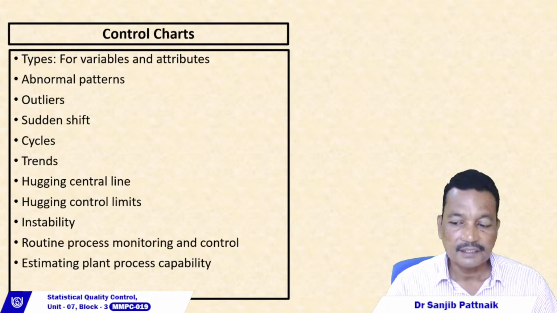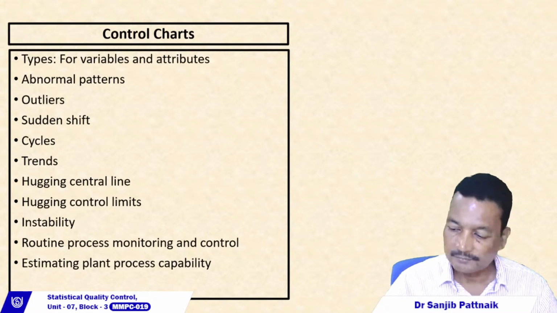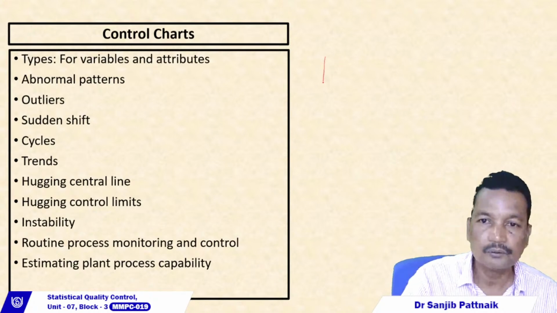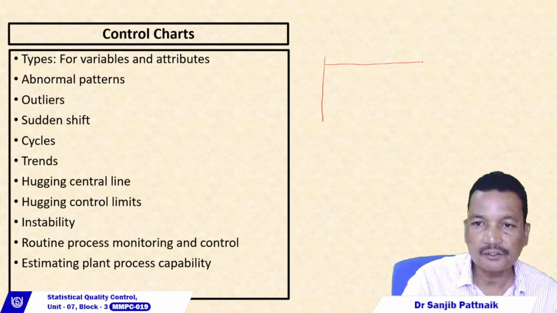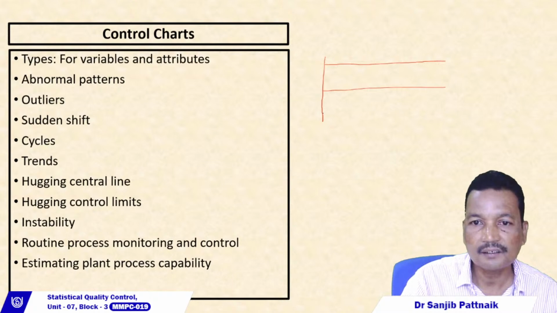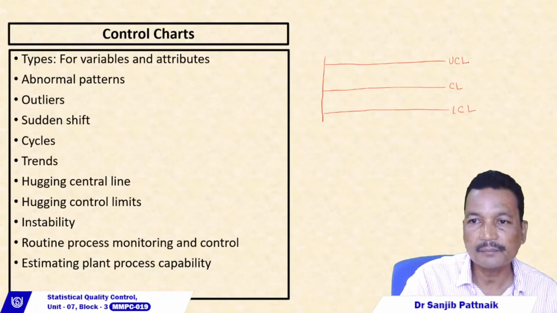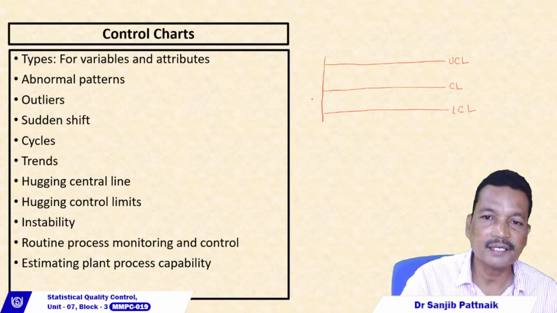In the control charts, we try to find out whether it is X bar or R or the P chart. This is the lower control limit, this is the central limit, and then this is upper control limit, and these are the values.